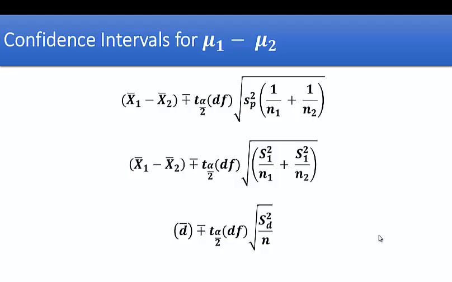At the last we will see the confidence intervals for the difference between population means in all three cases. First of all, the first case right here is the confidence interval for the difference between population means, that is mu1 minus mu2. This is the sample difference x1 bar minus x2 bar, and this is the table value taken at the degrees of freedom.